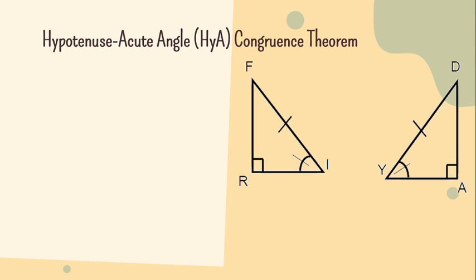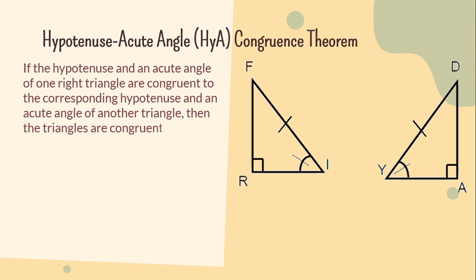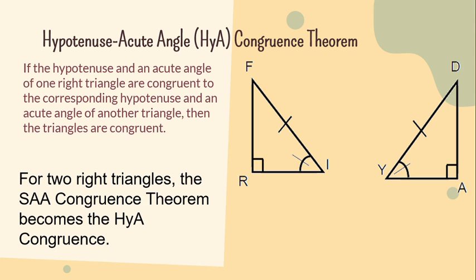Next is the hypotenuse acute angle congruence theorem. So, dito naman, if the hypotenuse and an acute angle of one right triangle are congruent to the corresponding hypotenuse and an acute angle of another triangle, then the triangles are congruent. So, for two right triangles, the SAA congruence theorem becomes the HYA congruence.